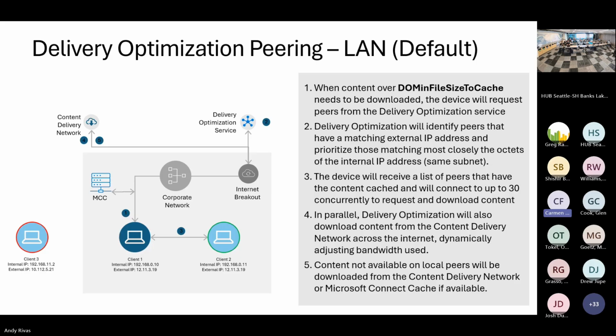The way this works is, assuming the content you're downloading meets the criteria to use peering, and there are several factors, but the main one we're calling out on this slide is that it meets the size limit to use peering, it will naturally use peers with the same external IP address. So whatever group of devices break out to the internet using the same IP will be considered your LAN group peers.